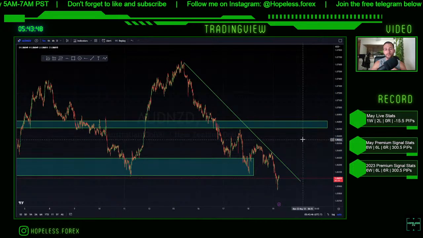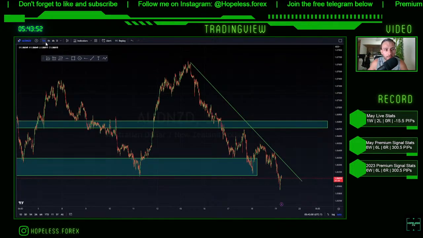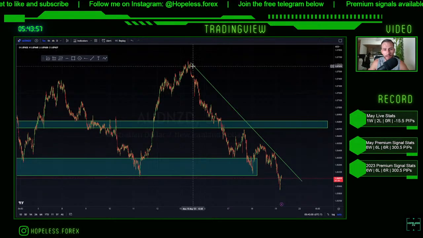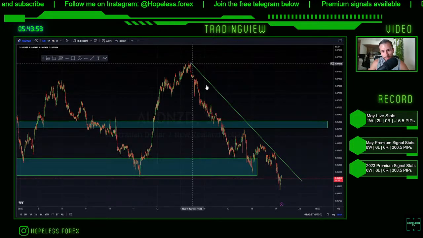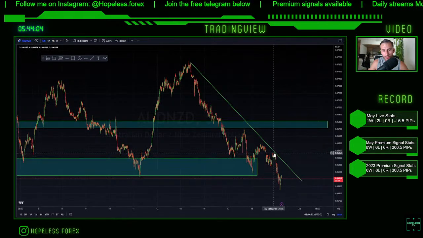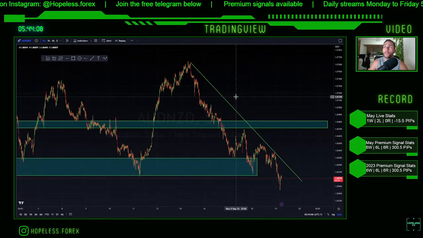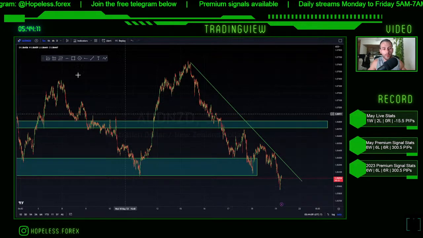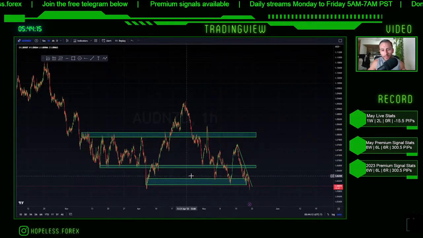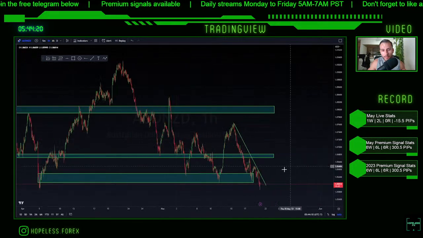AUDNZD. I almost like it on the 5 minute. Again, this trend line is just taking up the two recent points. There's really not enough touches for it to be a great trend line. Although he is breaking below this level, so there's a bounce off support in this zone, bounce off support in this zone, bounce off support in this zone.